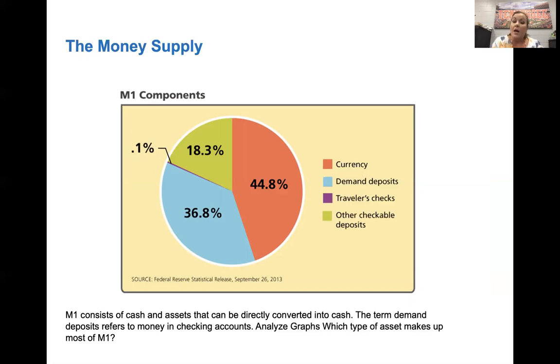Other checkable deposits, those can be, I've got a money market account that is not FDIC insured, but it's a checkable deposit. I can get the money out. There are certain restrictions, but traveler's checks, you can see that's 0.1% because people just don't deal with traveler's checks a lot, with credit cards and the internet being so widely used now. That's kind of a dying art too.